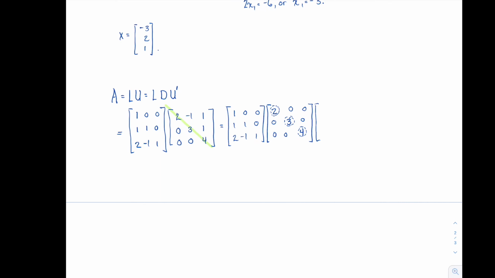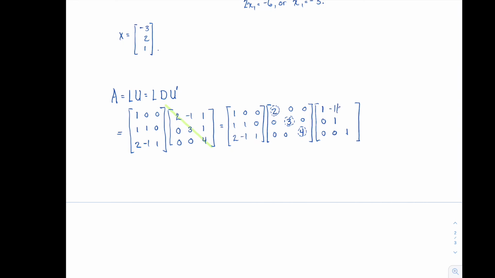Now, let's see how this affects the matrix of U, U becoming U prime. Well, what happens then is, if I take out the 2, then I'm going to get a 1. And then I take out the 3 on the second row, that becomes a 1. I take out the 4 on the third row, that also becomes a 1. I still have my 0, 0, 0. But what it does is it has the effect of factoring a 2 out of the first row.